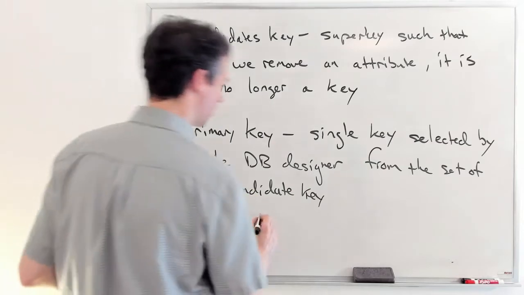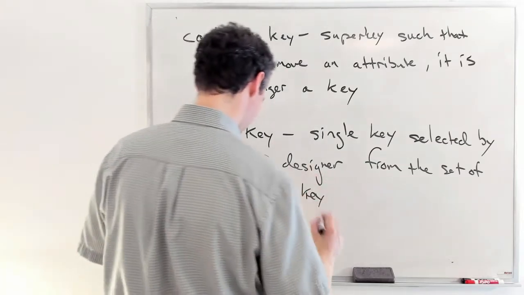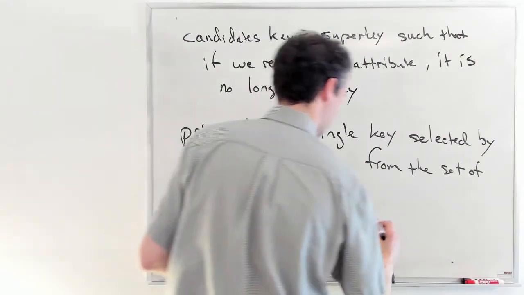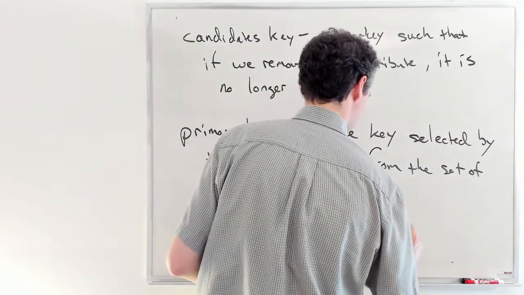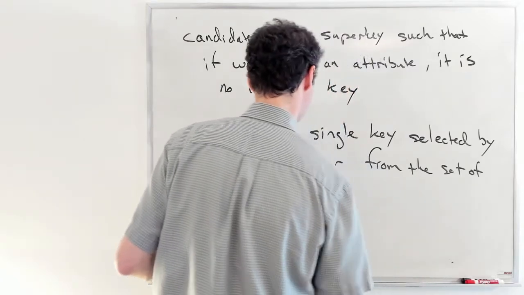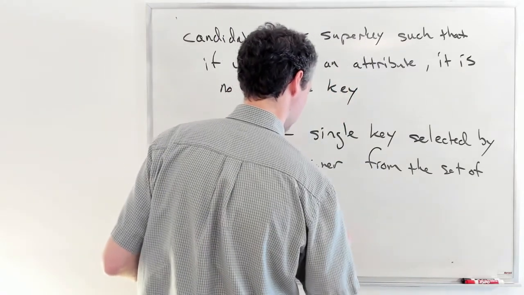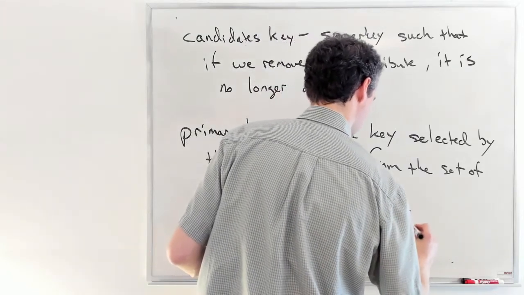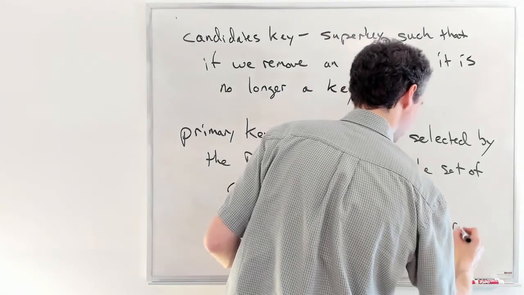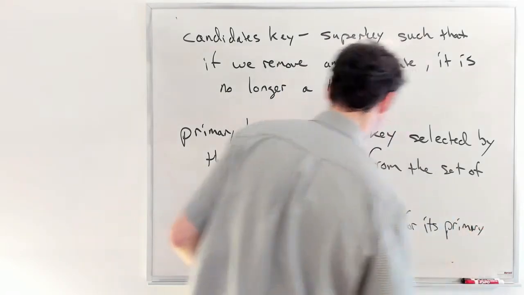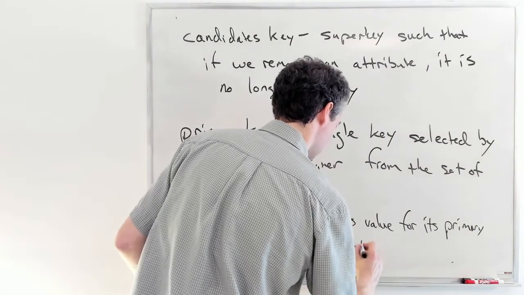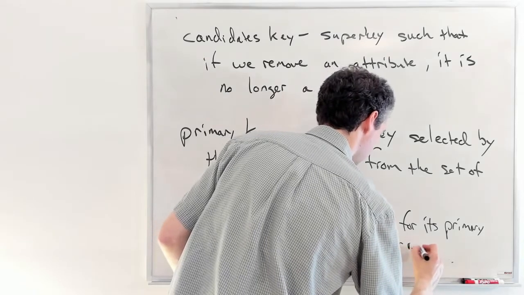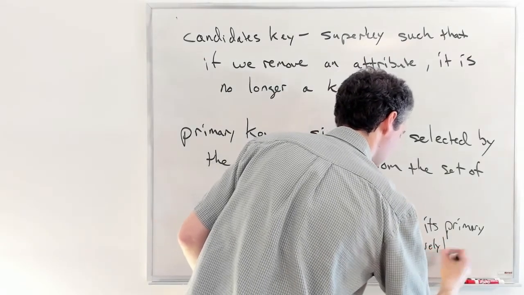And another thing is that the primary key, let's say a row's value for its primary key, should never, or very rarely, change.